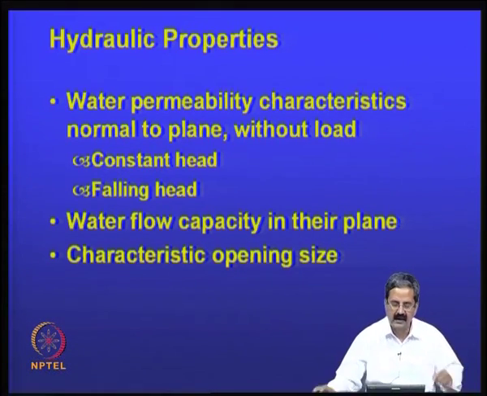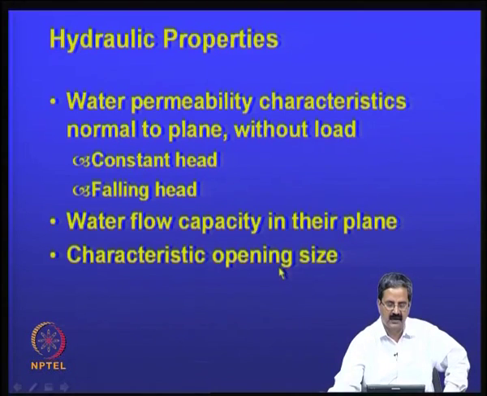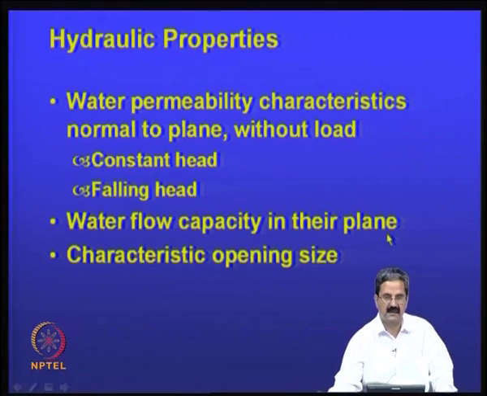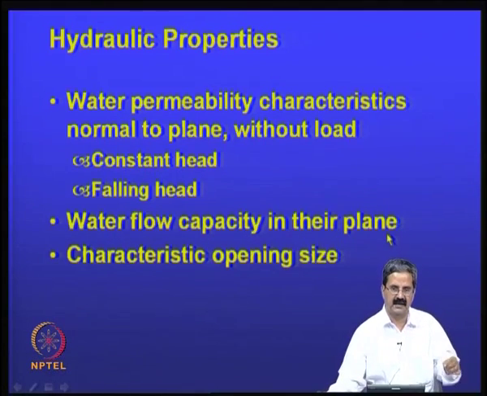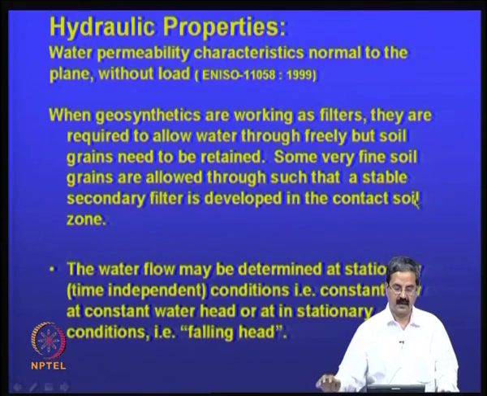So the characteristic opening size of the geotextile or geofilter is very important there. Then the water flow capacity, how much water it can take, its drainage capacity, is another important variable. Some of these things should be known very well so that you can design it properly.